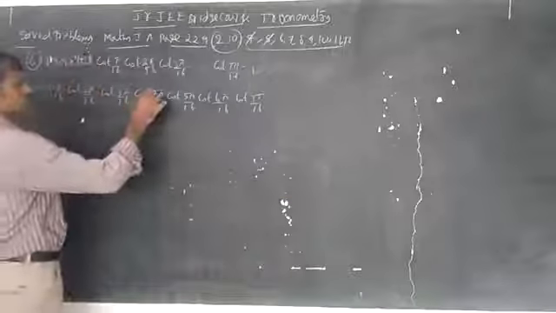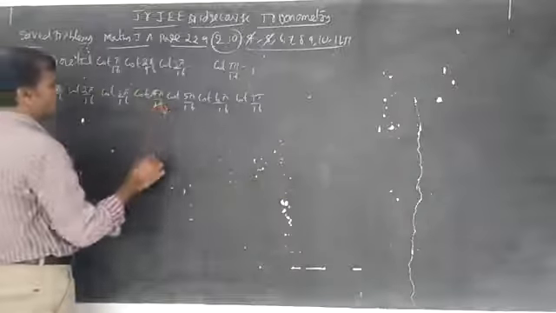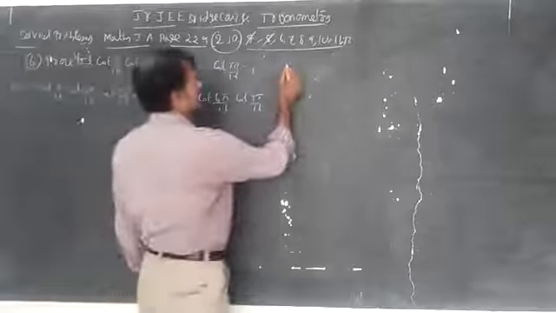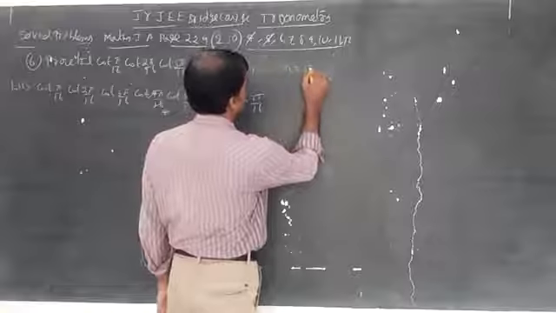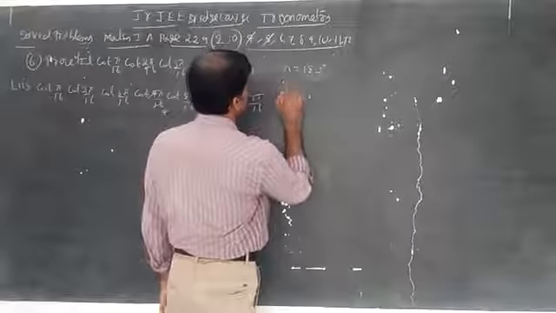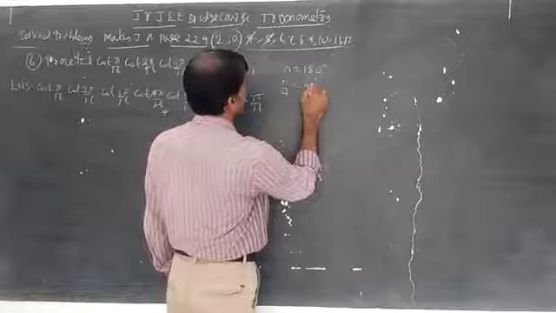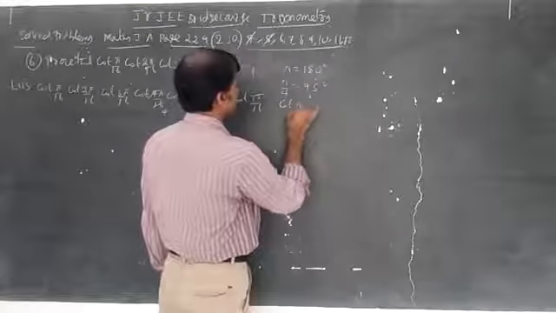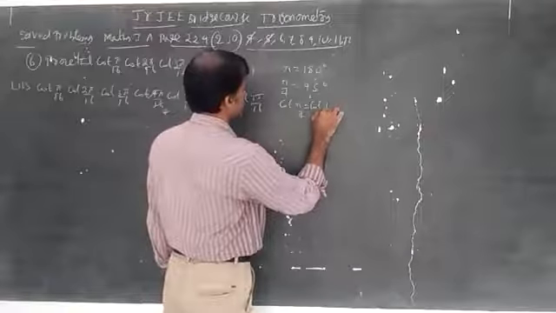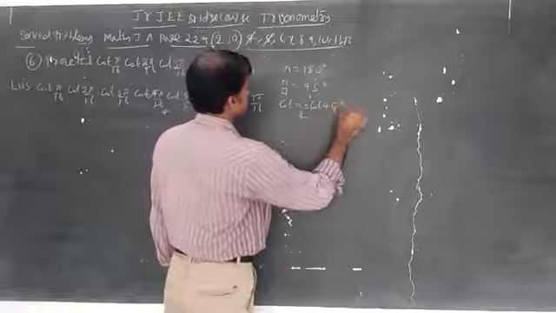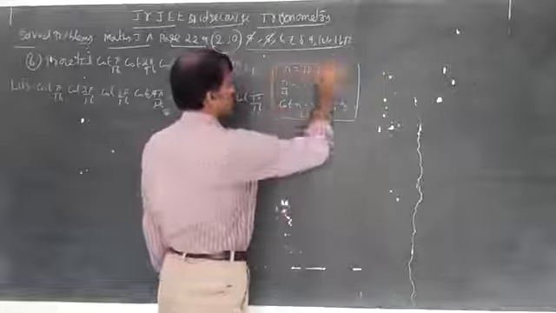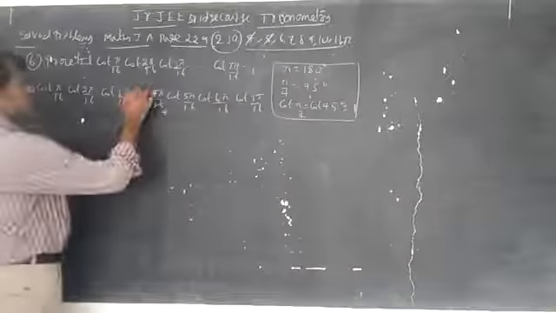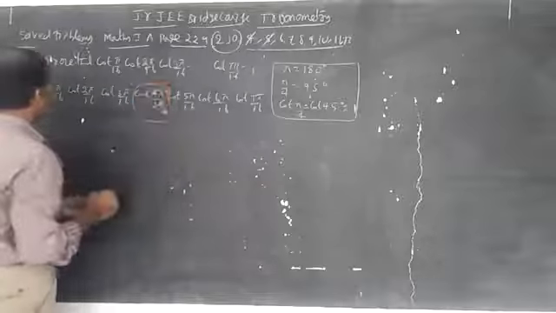Cot 4 pi by 16 becomes cot pi by 4. Here I am writing pi is equal to 180 degrees, so pi by 4 means 45 degrees. So cot pi by 4 is equal to cot 45 degrees, that is equal to 1. This is rough work. So you can understand this value is 1.